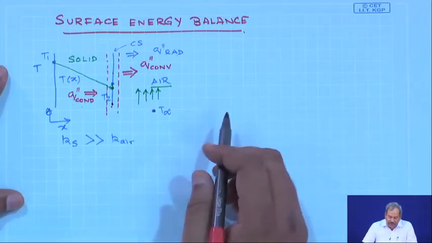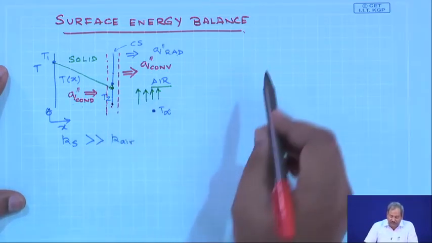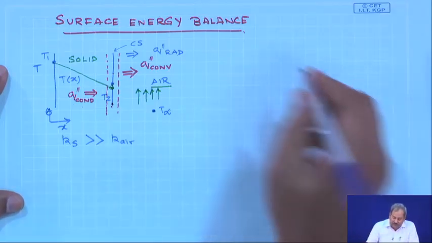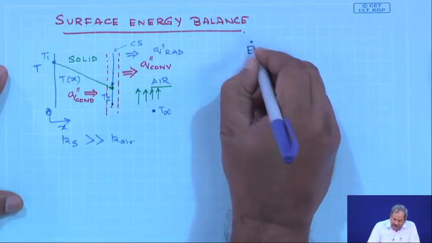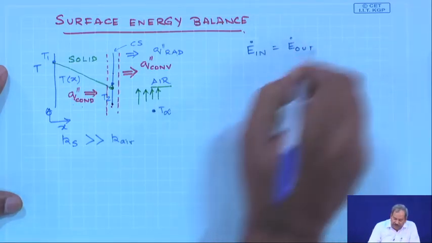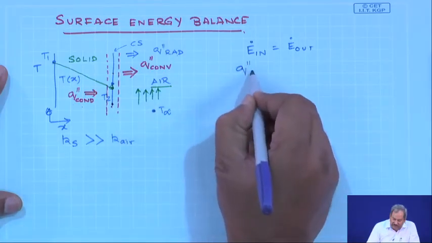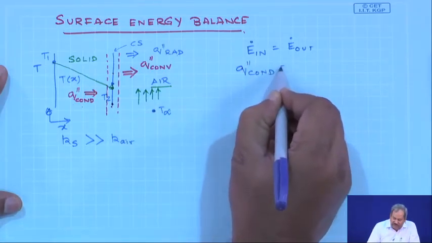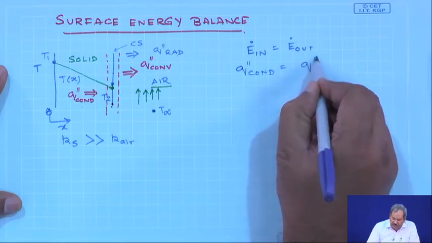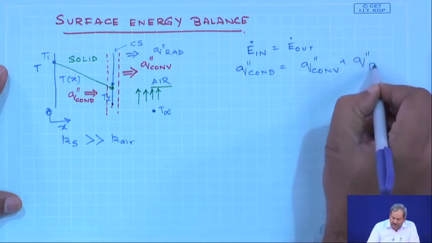And since we know that the control surface has no mass of its own, the conservation equation would simply be E dot in is equal to E dot out, and when you take this as the surface, then q double prime conduction is simply going to be equal to q double prime convection plus q double prime radiation.